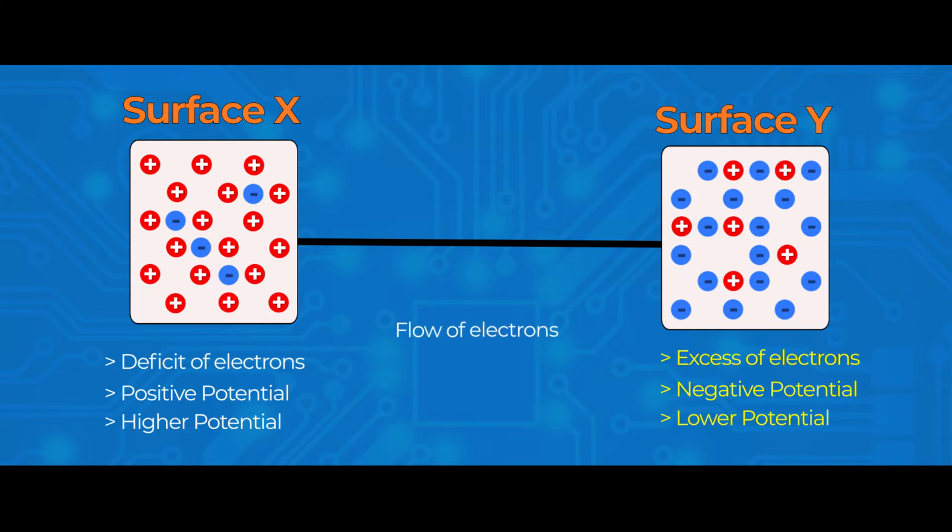Like the water flowing from the higher level to the lower level, here electrons start to flow from higher concentration to lower concentration, in this case from surface Y to surface X.